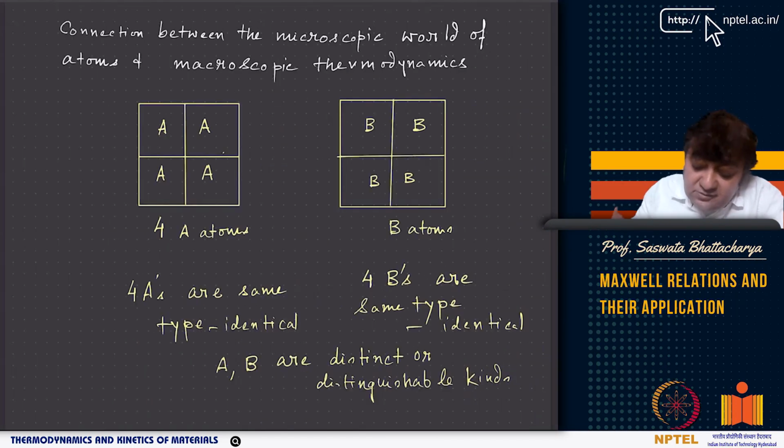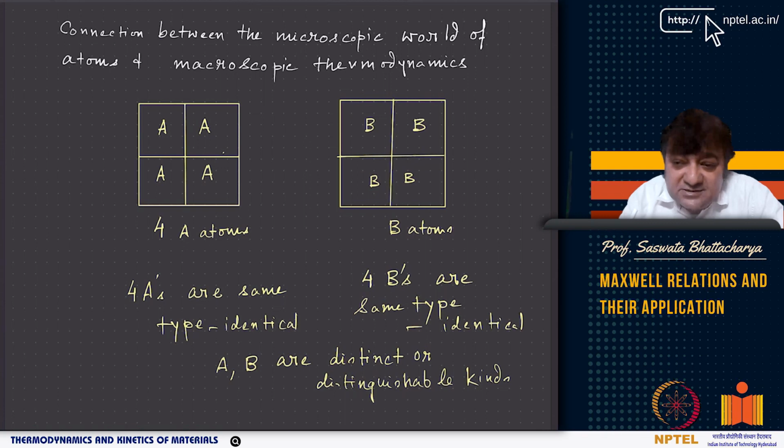And we will also look in the next week at the connection with the microscopic world of atoms. In macroscopic thermodynamics we are looking at macroscopic variables like volume, temperature, pressure, and all. But there is this microscopic world, and I have talked about some molecular interpretation. Molecular interpretation of energy is already something that we have given.